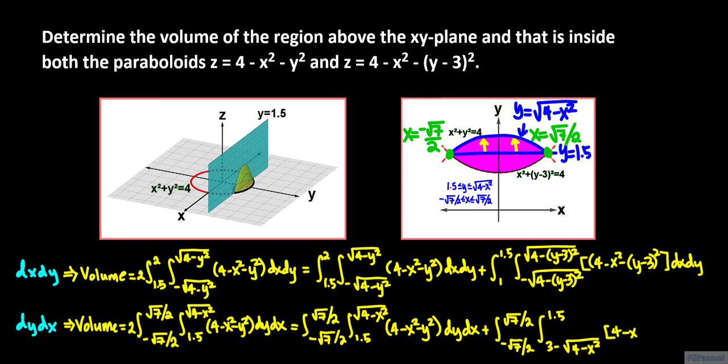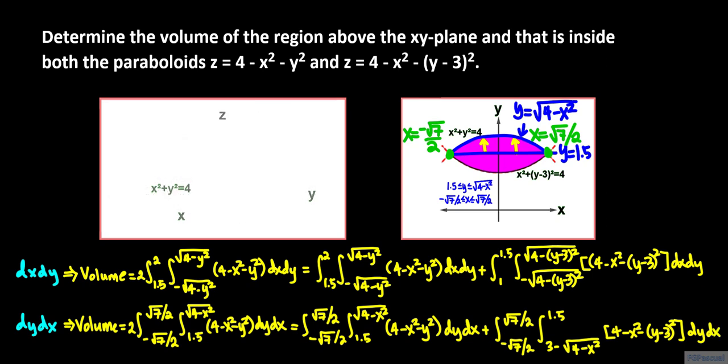The integrand is 4 minus x squared minus the square of (y minus 3). As a further exercise, the viewer can carry out the integration, whether by hand or by using a calculator or computer software, and check that the volume is equal to this value. Up to 3 significant digits, this is equal to 1.31.